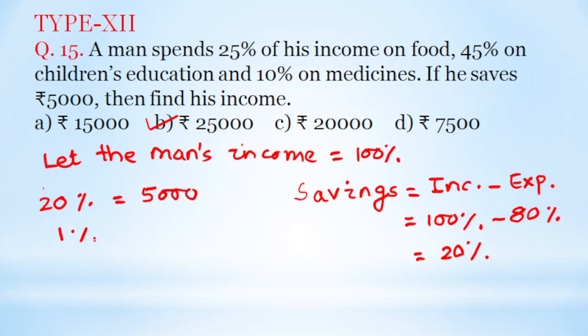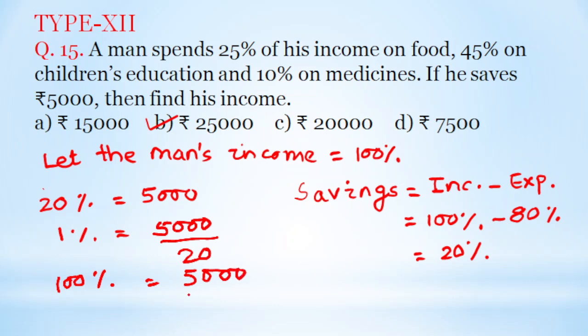1% is equal to 5,000 by 20, and 100% is equal to 5,000 by 20 into 100.